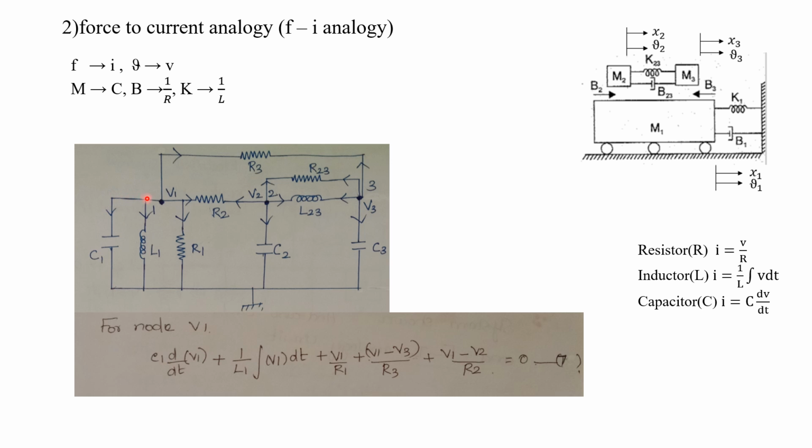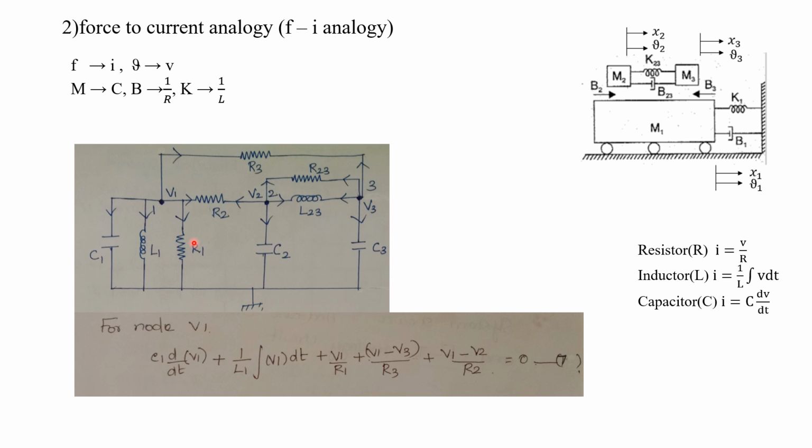Through this line the voltage will be V1, minus this voltage, that is 0. V1 minus 0 will be V1. So here we are writing it as V1. Then plus the current flowing through the inductor. What's the formula? 1 by L into integral V dt. So here it is 1 by L1 into integral of V1 minus 0, that is V1, into dt.